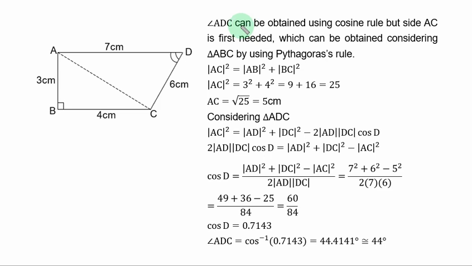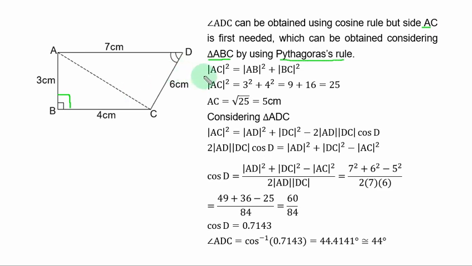Angle ADC can be obtained using cosine rule, but AC is needed first, which can be obtained considering triangle ABC by using Pythagoras rule, because this triangle is a right angle triangle. AC happens to be the hypotenuse.